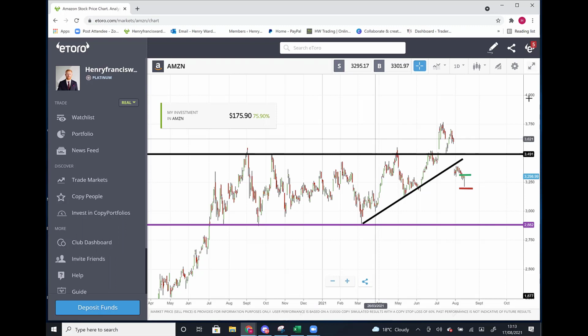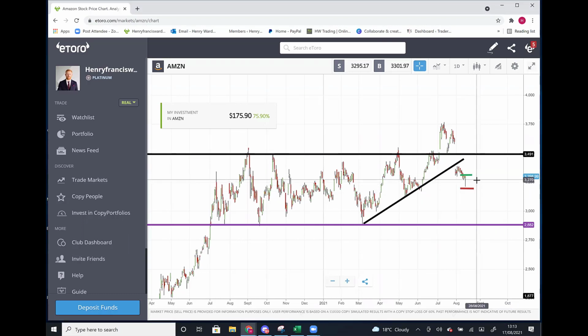So remember, when we're talking about stop loss hunting and stuff along those lines, this is what should happen. The market goes up and then the market goes down. So the market should take out that low.